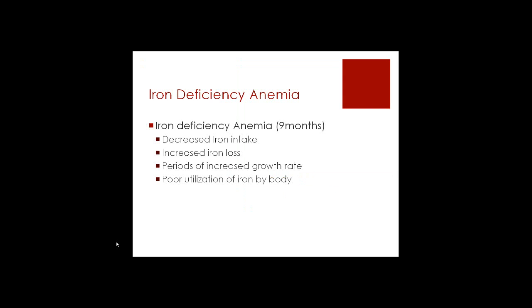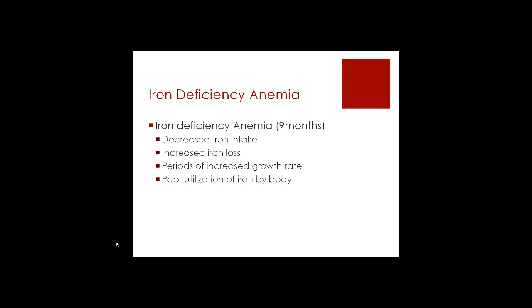For children, it's most common to see this in infants and toddlers, as well as adolescents. Starting from the beginning, around about 6 months of age, babies will start to lose their maternal iron stores, and thus will need to get iron more from their diet.